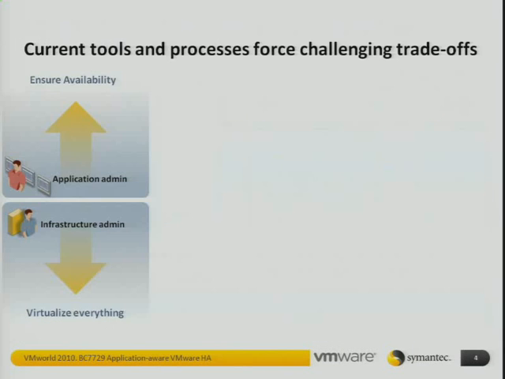So we've taken this to heart, and we've explored this problem further, and we realized there's really a push and pull here from two different entities inside the organization. There's the application guy who says, look, I've got to have the SLA for my app. My app matters. Everyone relies on this thing. We've got to make sure that the application is always running.